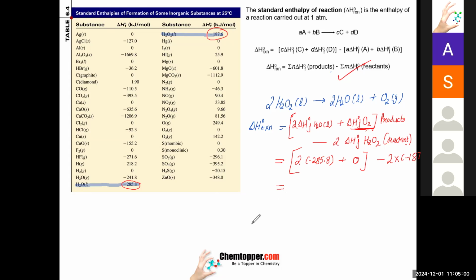Solve it and check what Sarthak is telling us. Is it right or wrong? And decide whether the reaction is endothermic or exothermic from the sign of delta H. This is minus, children.